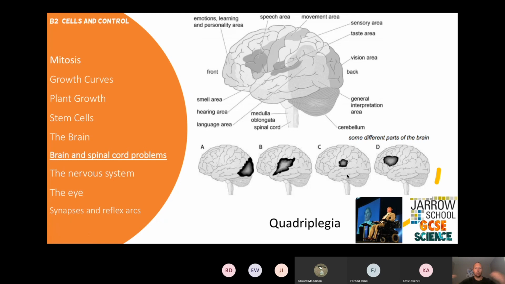You could get generally, what does the cerebellum do? Things like that. Do you have to remember all these little functions, or do they give you them? No, you are expected to remember the four parts of the brain, what a CT scan is, what a PET scan is, but you are not expected to remember that this is the emotions part of the brain. If a question like this came up, you would be given a map of the brain.